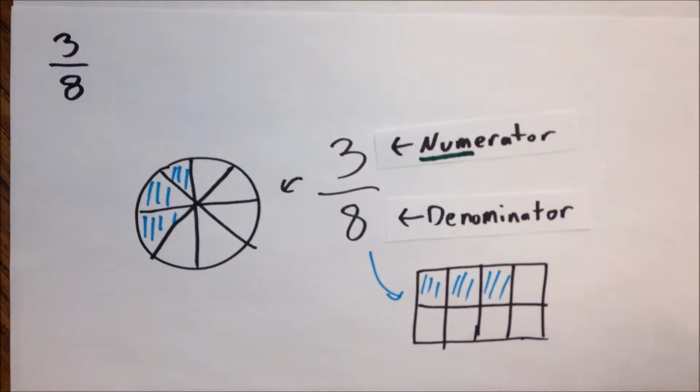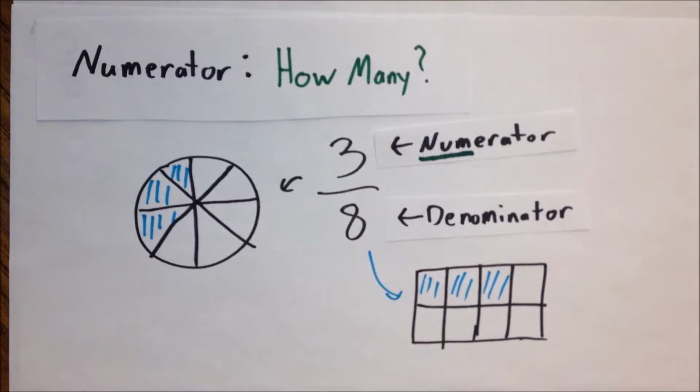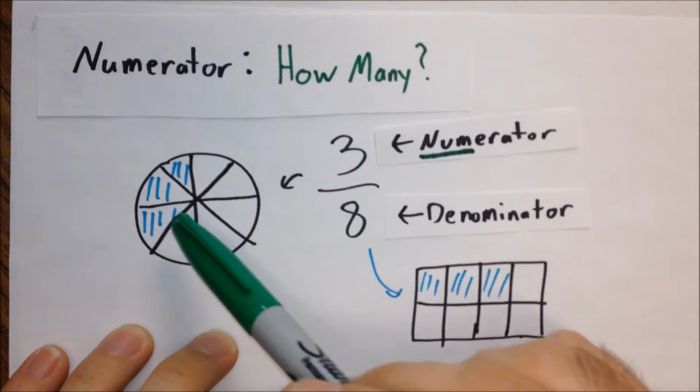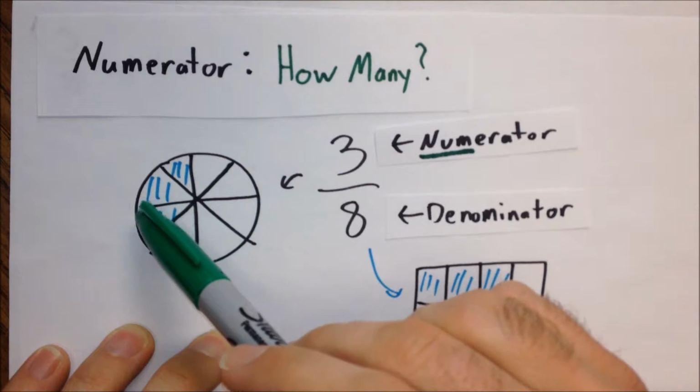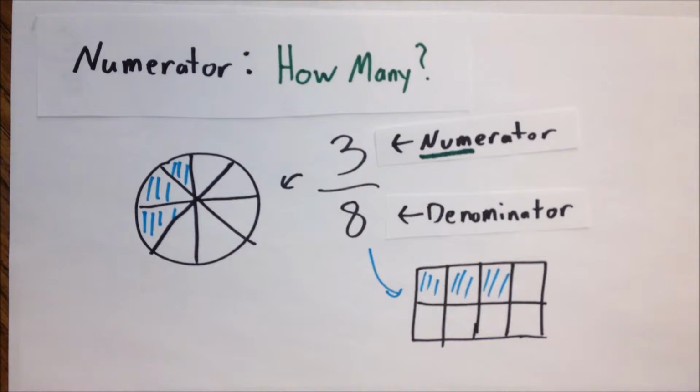It's something kind of like the word number, or to numerate, to count. And so the numerator always tells us how many of these things are involved. Notice that each time we counted 3. So our numerator is how many pie wedges? We have 1, 2, 3. How many squares? 1, 2, 3. So the numerator is how many of the group we have.